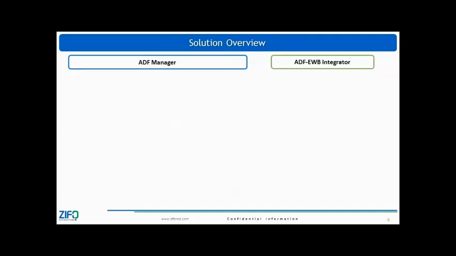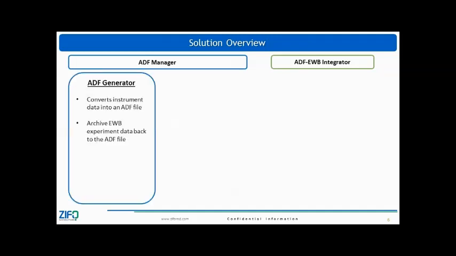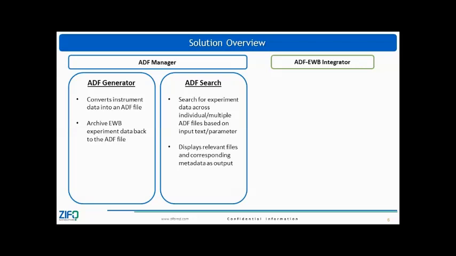The solution overview that we have come up with has, as the first part, the ADF generator, which converts the raw instrument data into an ADF file. Another part is also a kind of generator, where the archived e-workbook data, which we have taken as a sample integration aspect, comes back to the ADF.